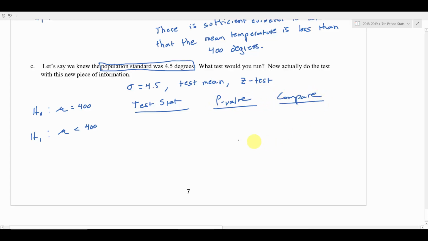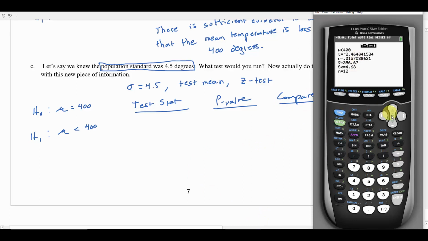Okay. So let's go to our calculator and do it again. Okay, so we're going to actually go for z-test this time, and we're going to input our stuff, and it's up. The calculator is anticipating what I am doing. Look at that, it had the 400 in there. I didn't even put that in there.